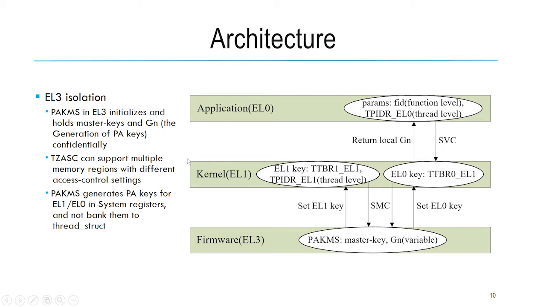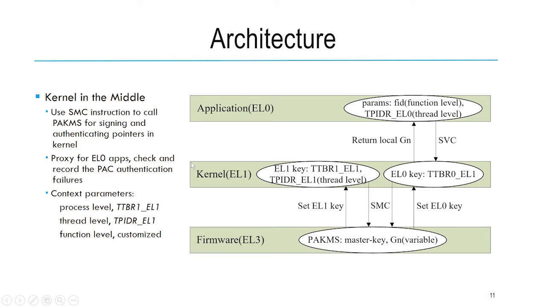PKMS in EL3 initializes and holds the master keys and GN confidentially, preventing other exception levels from direct read and write. At the same time, PKMS generates PA keys for EL1 and EL0 in system registers, and does not bank them to kernel memory, ensuring the confidentiality of PA keys.